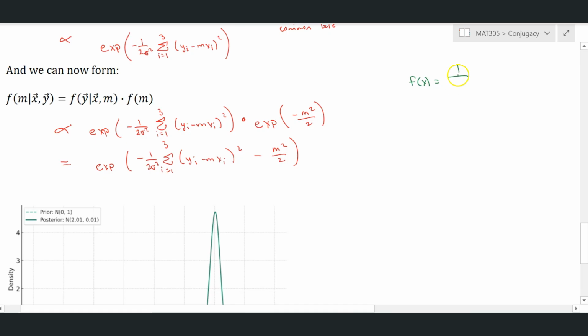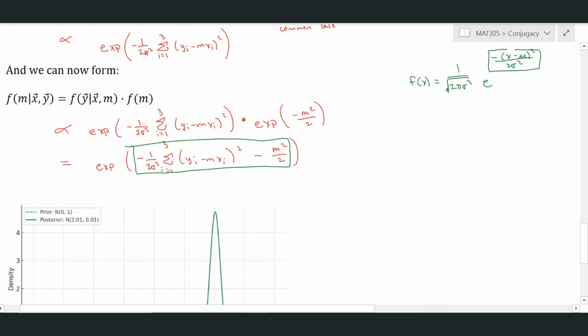We don't care so much about the 1 over the square root of 2 pi sigma squared, but we do care about this portion, where it needs to be in the form of negative (x minus mu) squared over 2 sigma squared. What I want to focus on here is this exponent, this piece right here, and I want to make these look similar to one another.